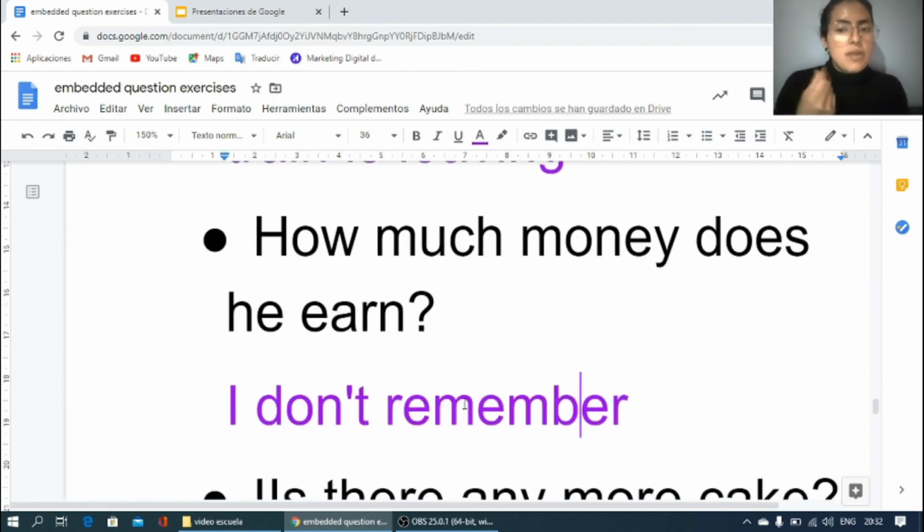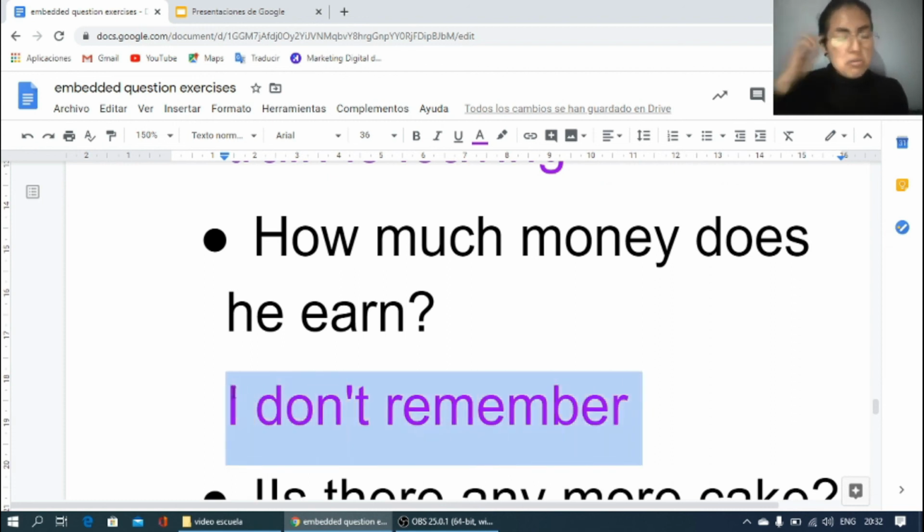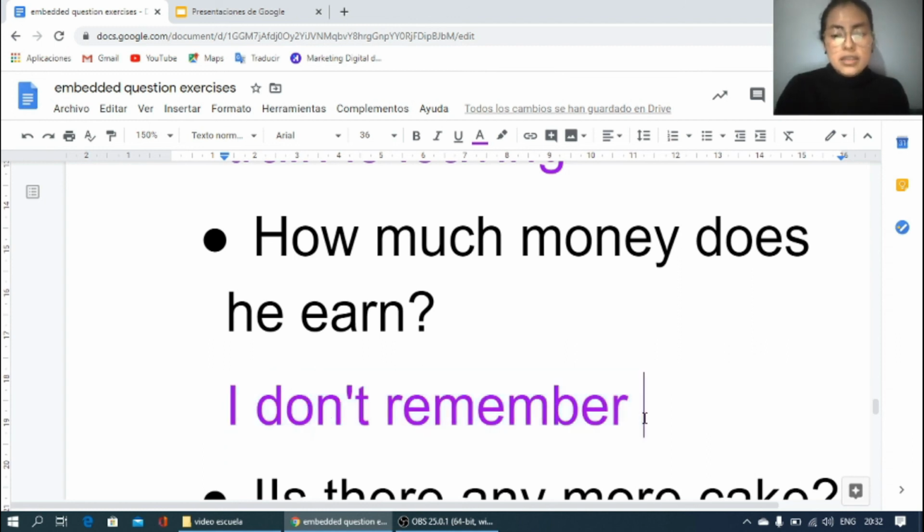Let's start with this. How much money does he earn? Is the same. I don't remember, in this case a negative introduction, and then you have to write the same but like a sentence.